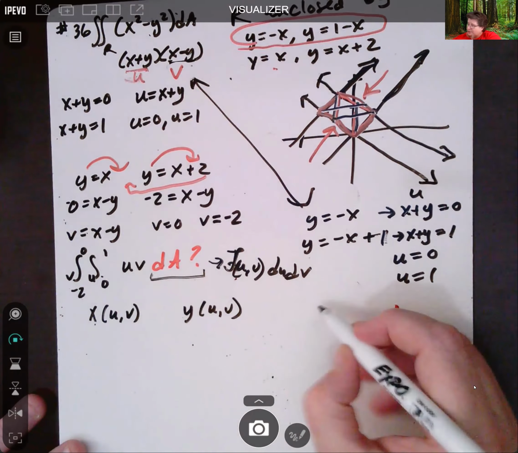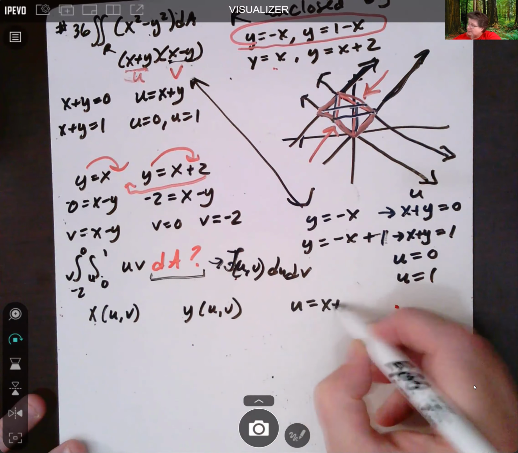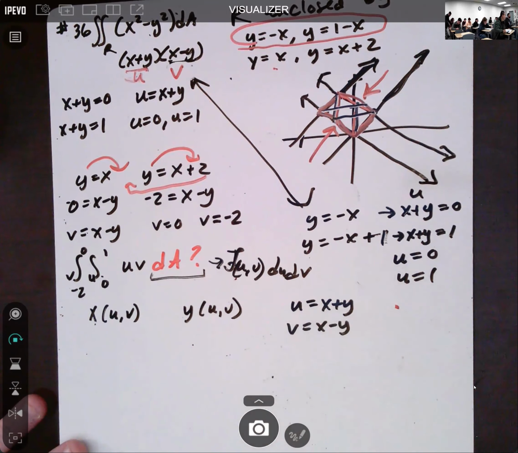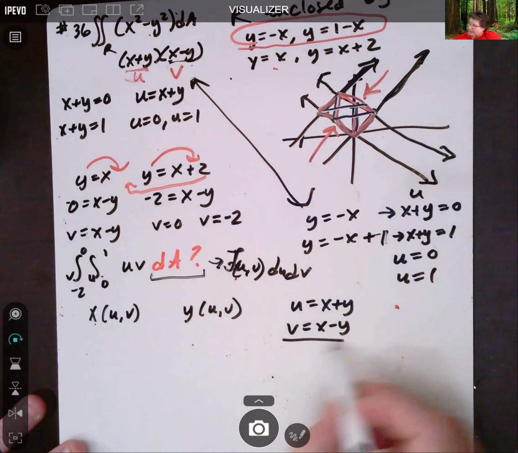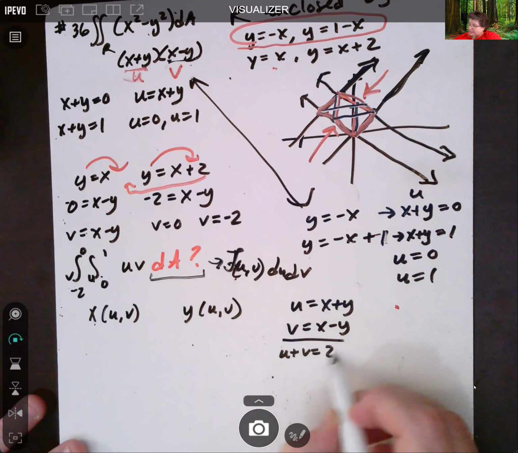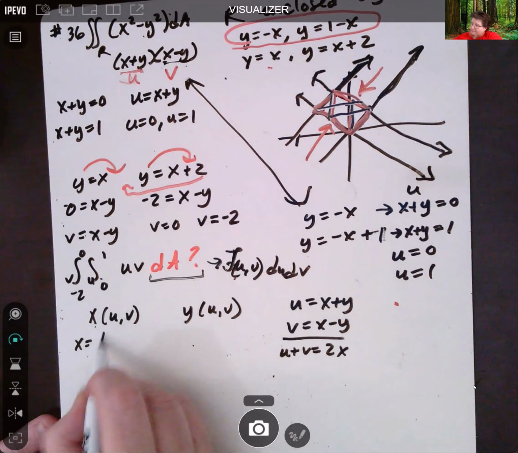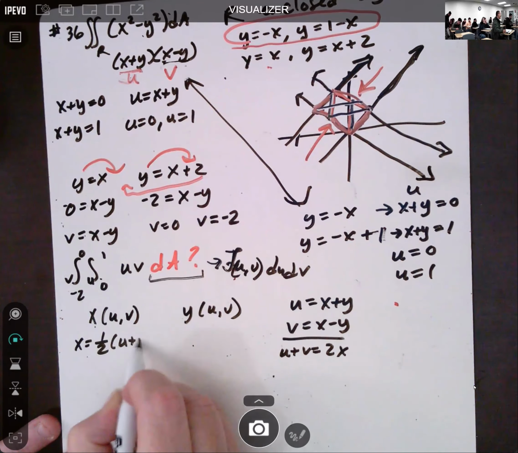Right now I've got u equals x plus y, v equals x minus y. If I add these up, I get u plus v equals 2x. So x is 1/2 of u plus v.